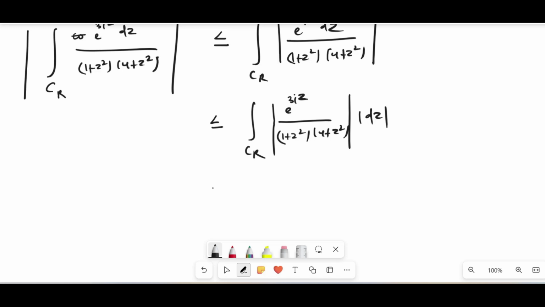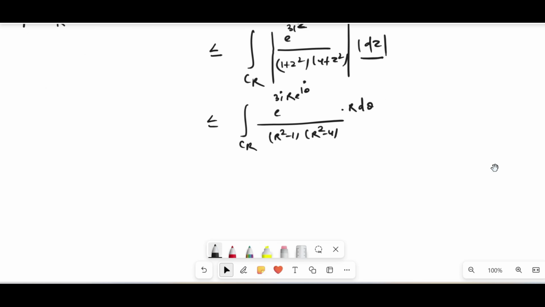So put the value of z here, that is e to the power of 3i r e to the power of i theta, and this will be equal to r square negative 1, r square negative 4, and mod of dz will be r d theta. And the limit of integration will be, theta will vary from 0 to pi.